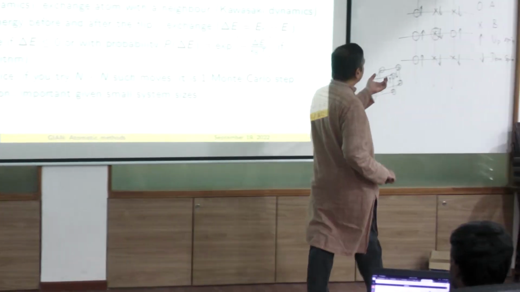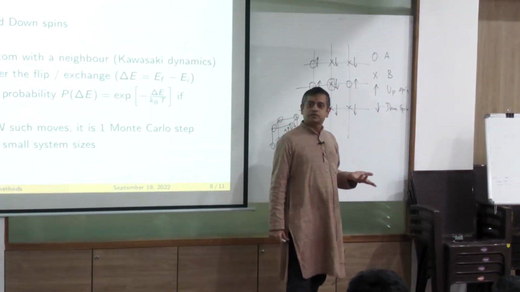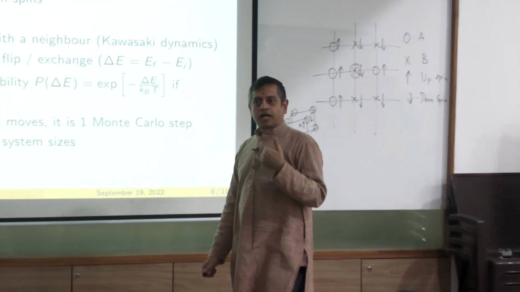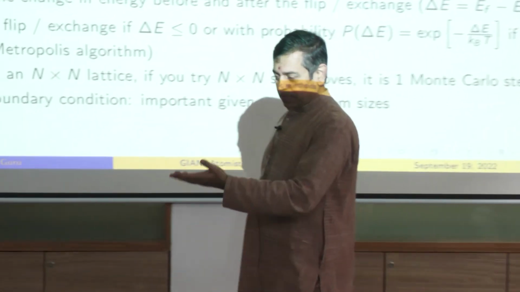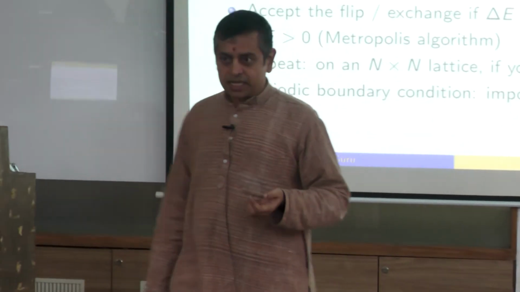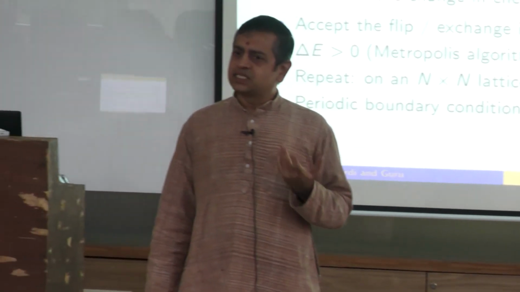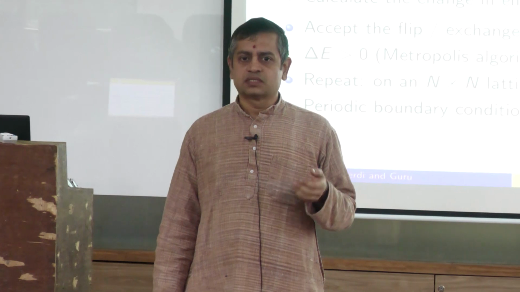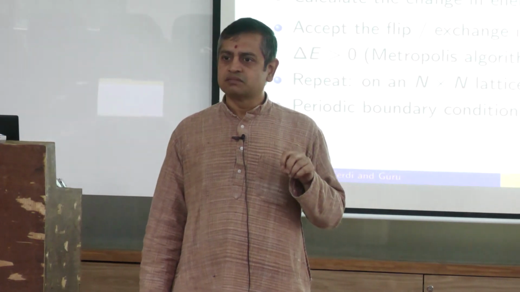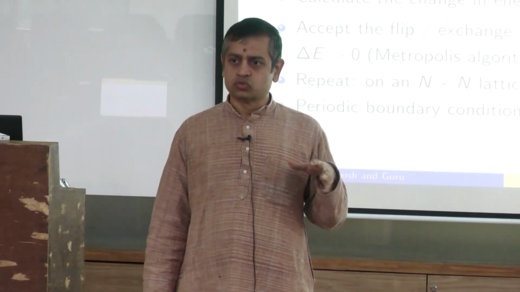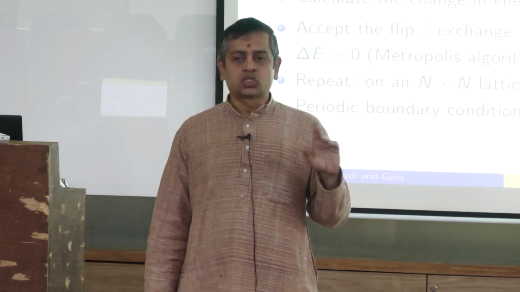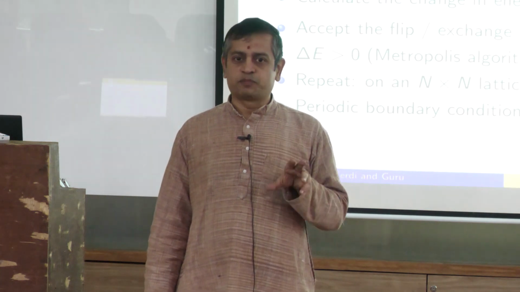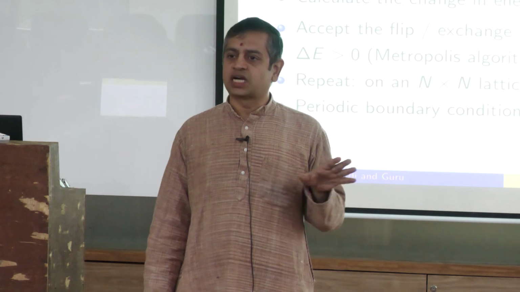So, now you do the exchange or flip, and again, as was discussed in the earlier lecture, if you were at 0 Kelvin, the system should choose a state where it has minimum energy U, right. So, any exchange or flip which increases the system's energy is not allowed.